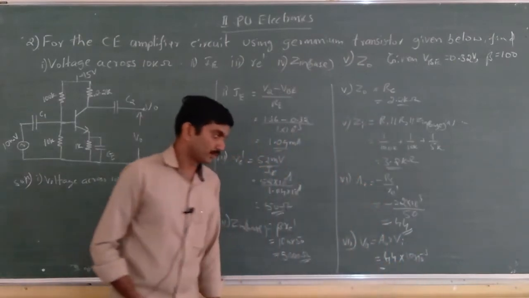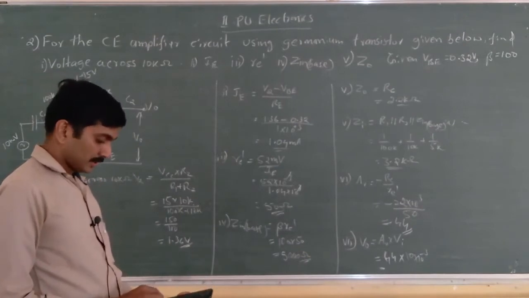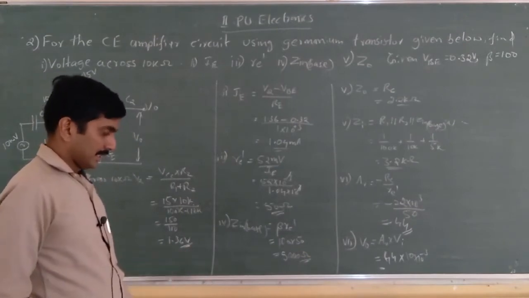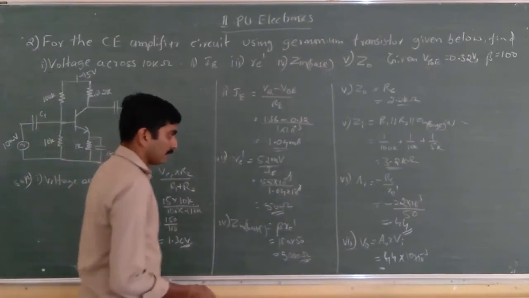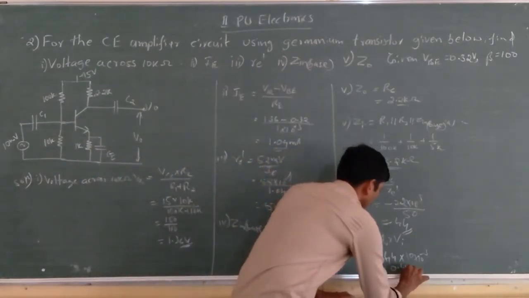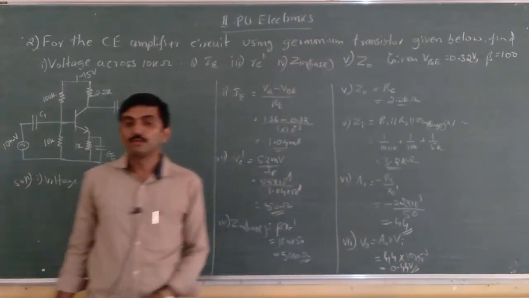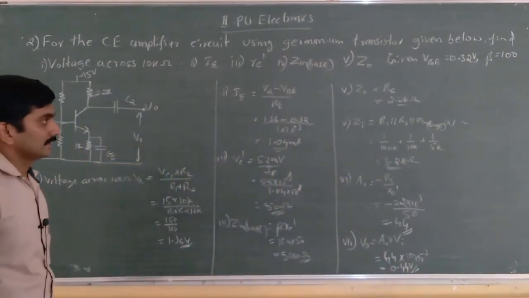So, what is its output voltage? 440 into 10 to the power minus 3, that is 0.44 volt. 0.44 volt, the answer is.